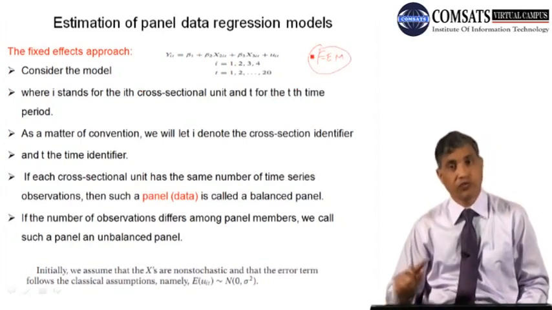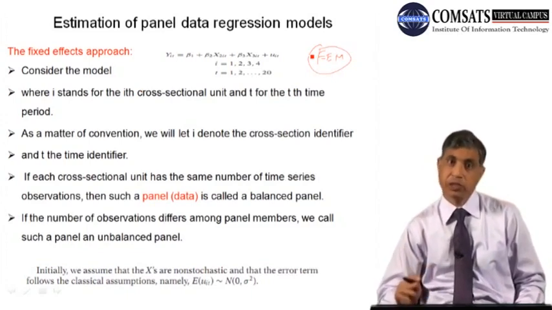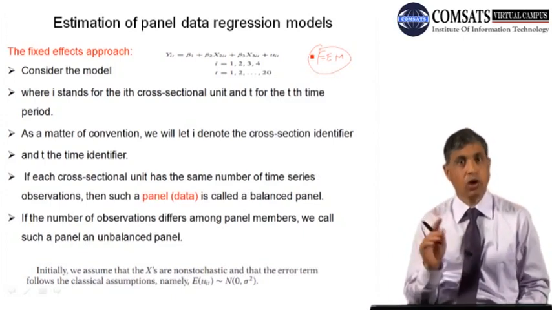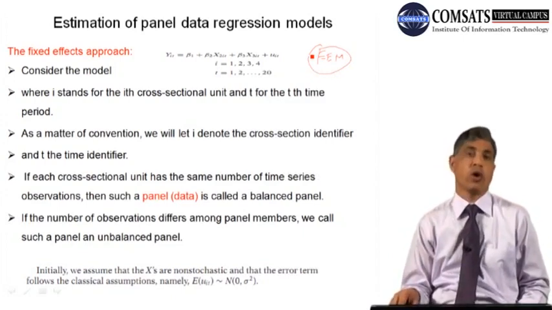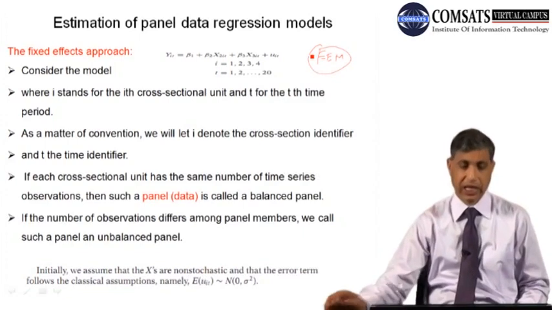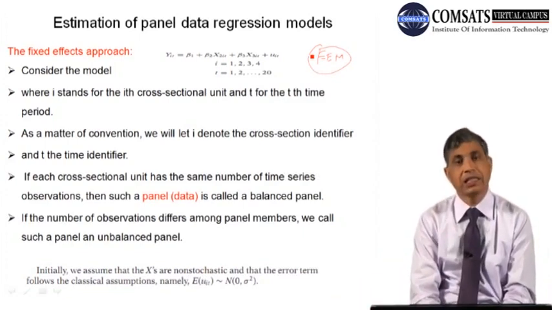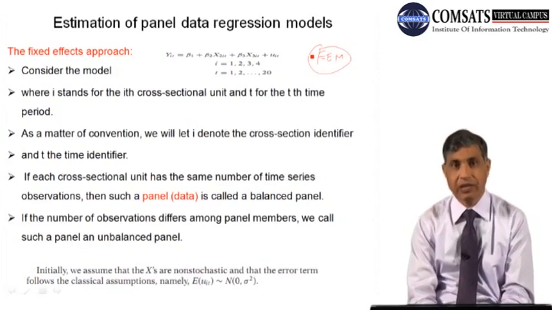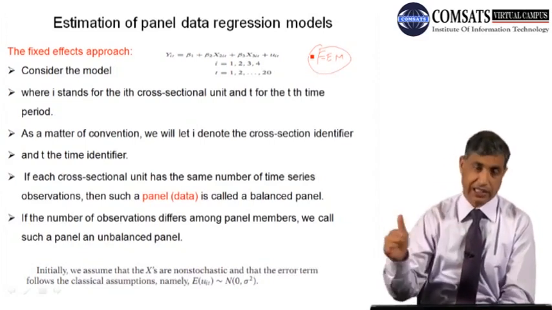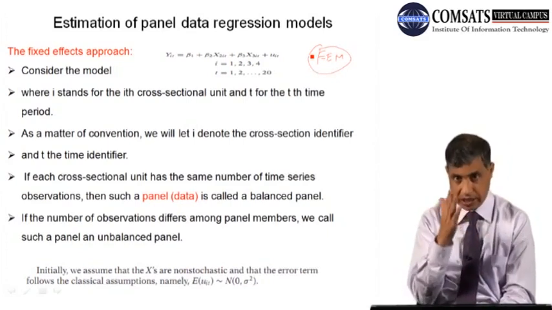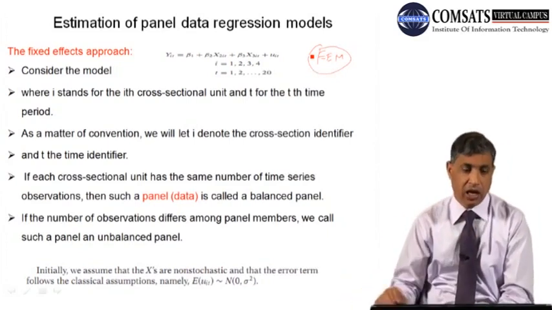So whenever I write FEM, it means the fixed effect model. To study that, we are now disregarding OLS. With OLS you can do the cross-sectional or the time series regression.